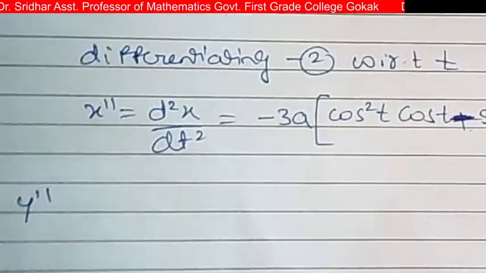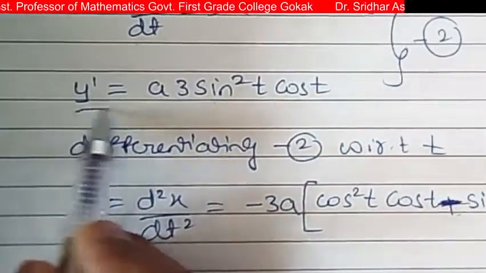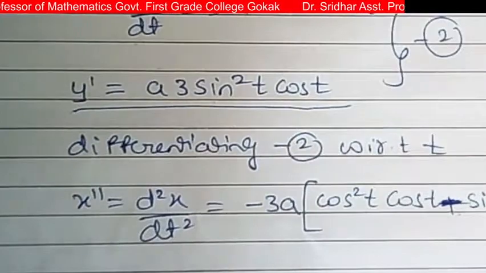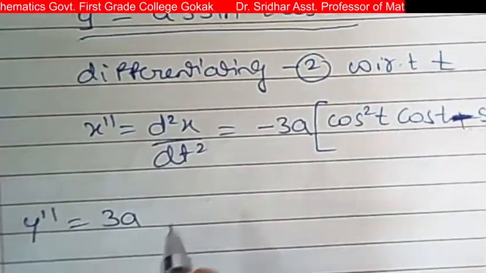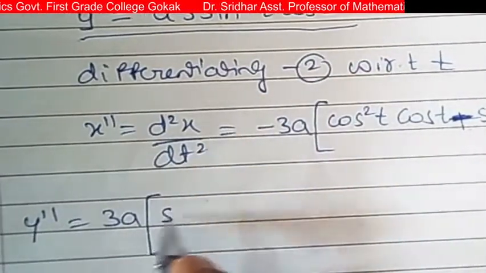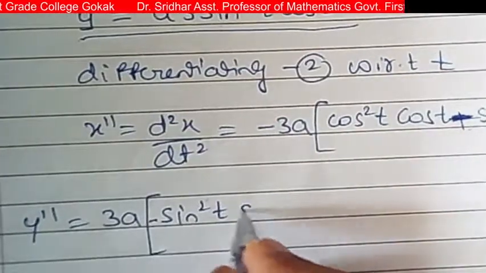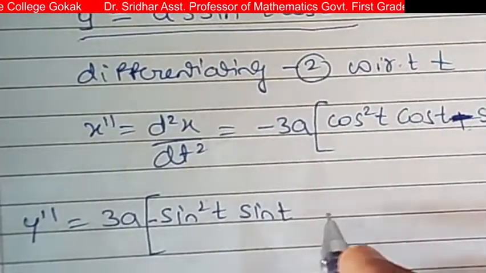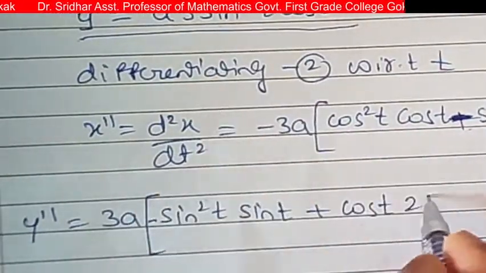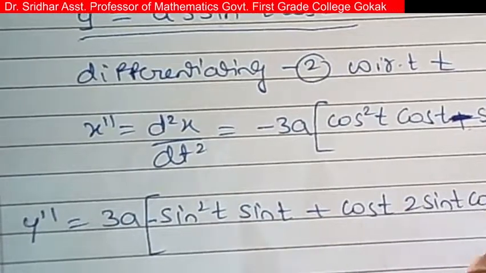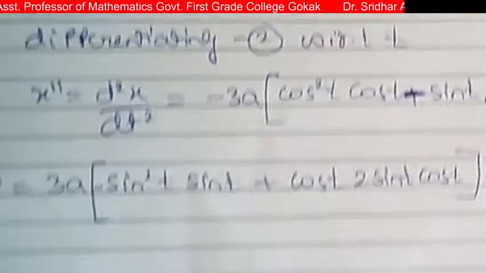Y double dash is again differentiating y dash with respect to t. So we get 3a, which is constant, in bracket: sin square t as it is, differentiation of cos t is minus sin t, then plus second function cos t as it is, into differentiation of sin square t, which is 2 sin t into differentiation of sin t, which is cos t.